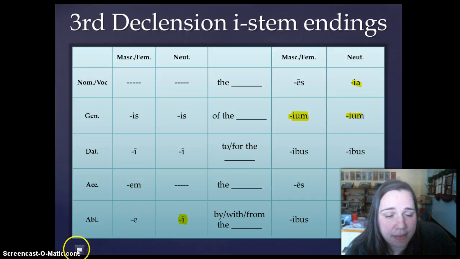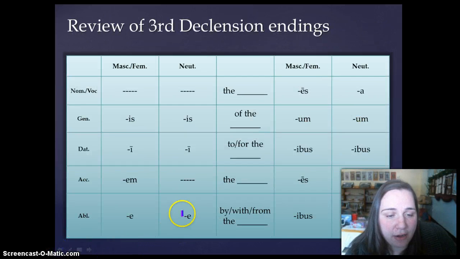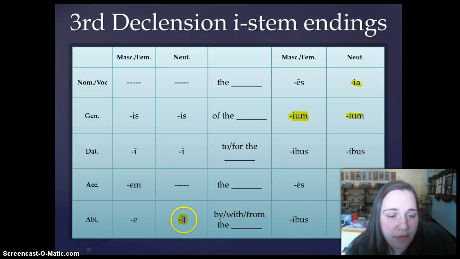Again, if you look here at the neuter regular third declension endings in the ablative singular, it's an E. For I stems, it's an I.